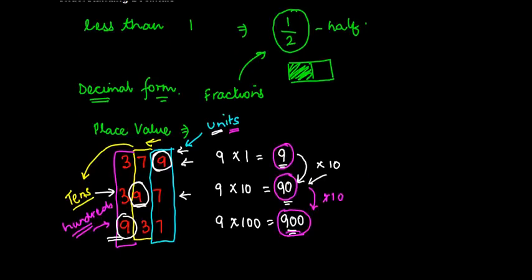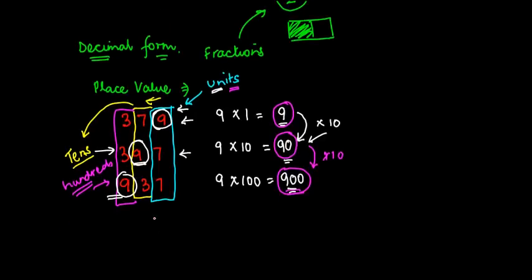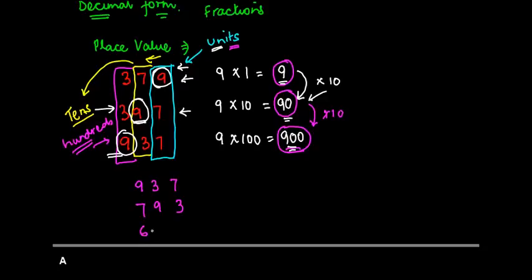Now let me ask you a different thing. If I take the same numbers, and I take these as 937, 793, and 739.